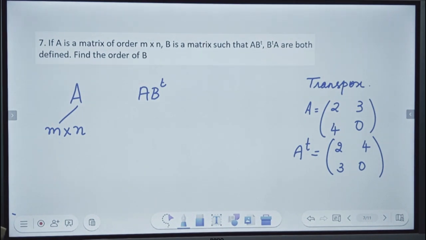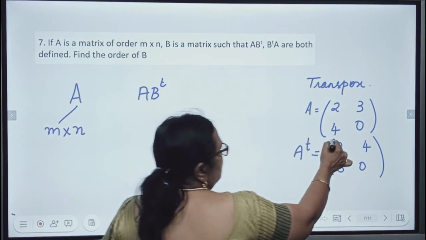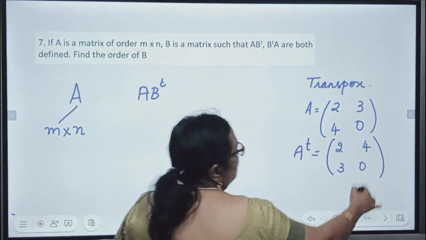The second row has become the second column. So A transpose is a matrix obtained by interchanging the rows and columns. So it will have the same order as the matrix A. Here I have taken A as 2, 3, 4, 0. So A transpose will be 2, 4, 3, 0.